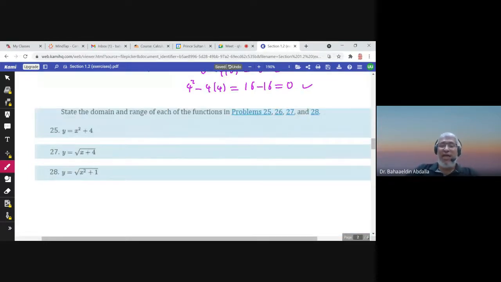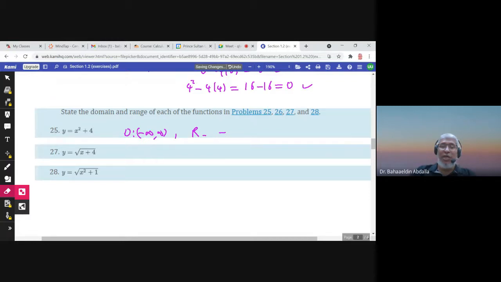State the domain and the range of each function in these problems. So here this is an equation without a square root, without a denominator. So the domain is from negative infinity to infinity, and the range also is from negative infinity to infinity because it's a straight line. So y could be... it is not a straight line, sorry. This is not a straight line.